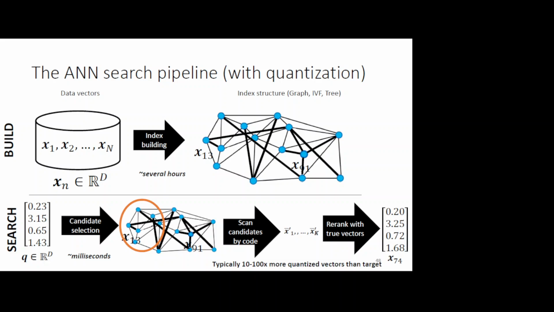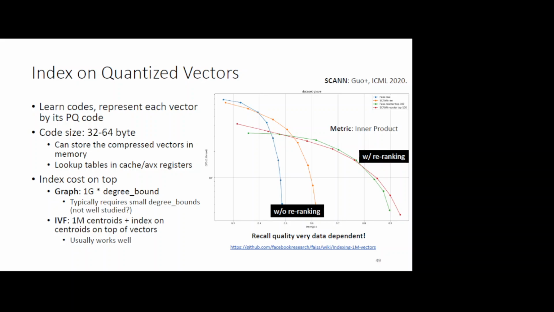We just use the result as your final nearest neighbor, and the accuracy, you see, is not very good. So here is your recall. You see, it's not very good. But if you add the re-ranking mechanism, it can be improved. But your speed is not as high as without the re-ranking.